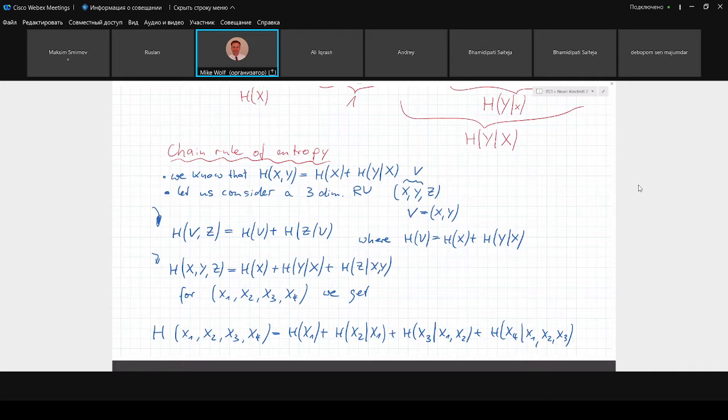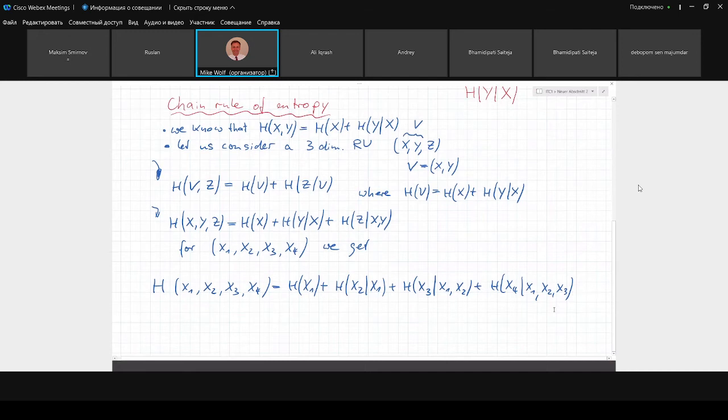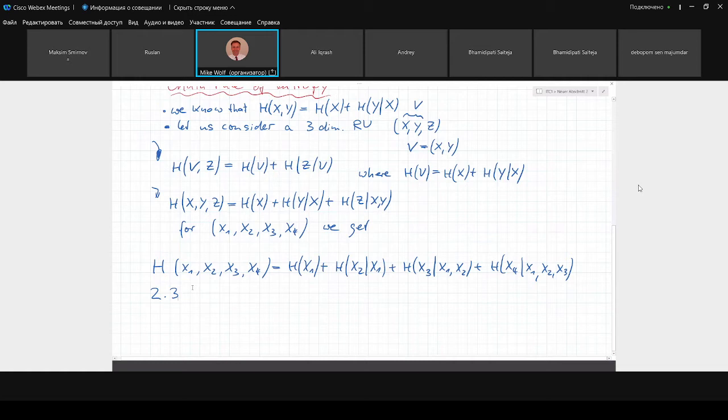And now let's have a look at the final diagram in this section. So this should be still section 2.2, joint entropy and conditional entropy. And then we end this section with mutual information. This is just the area in the Venn diagram which is shared between x and y.